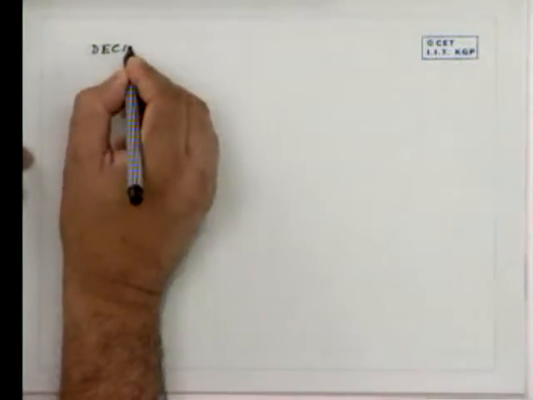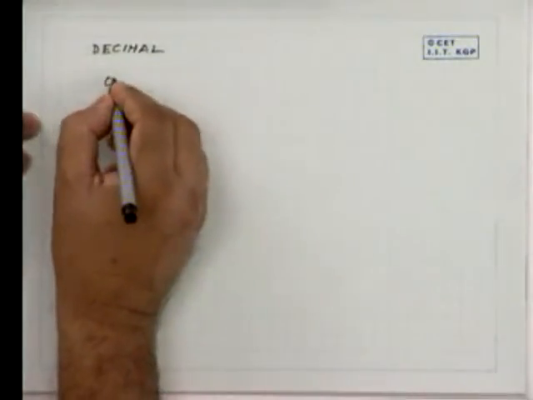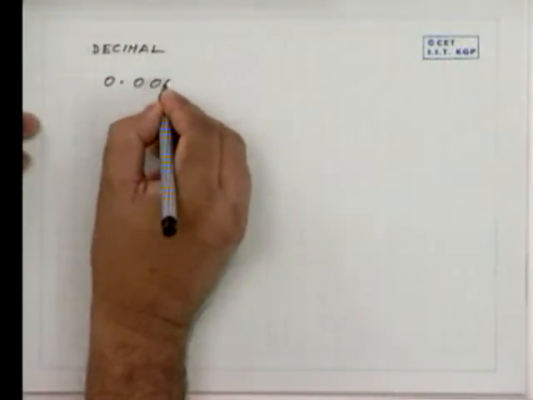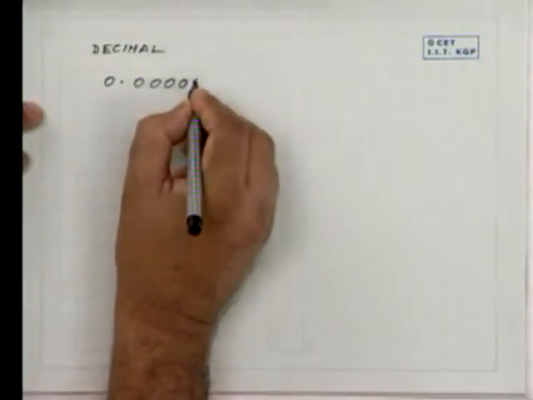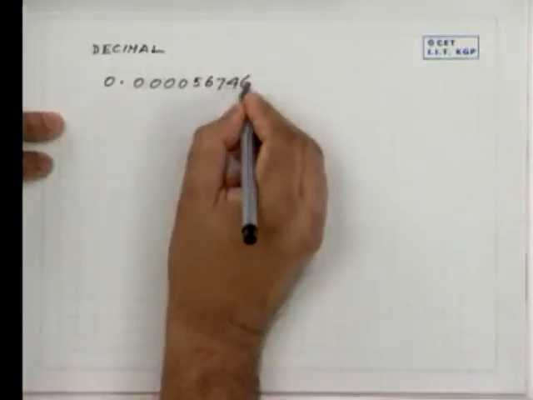Suppose we have a decimal number, 0.000567446.